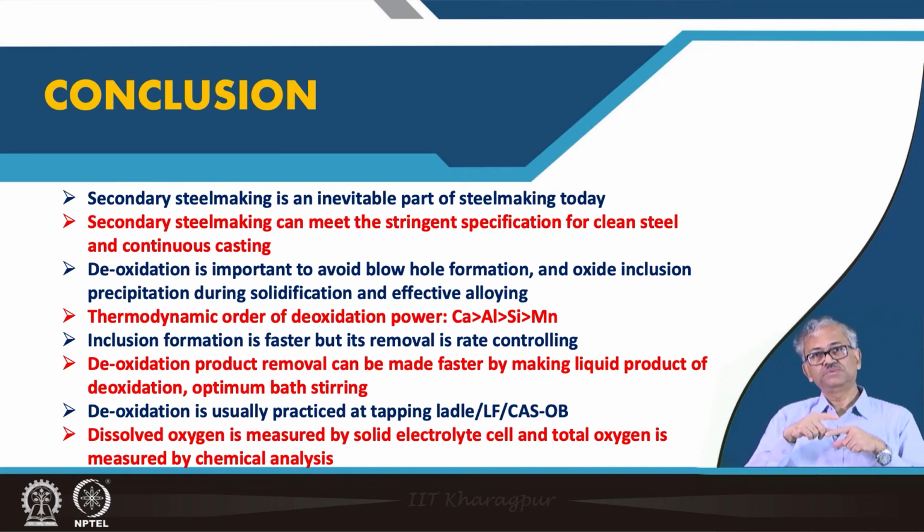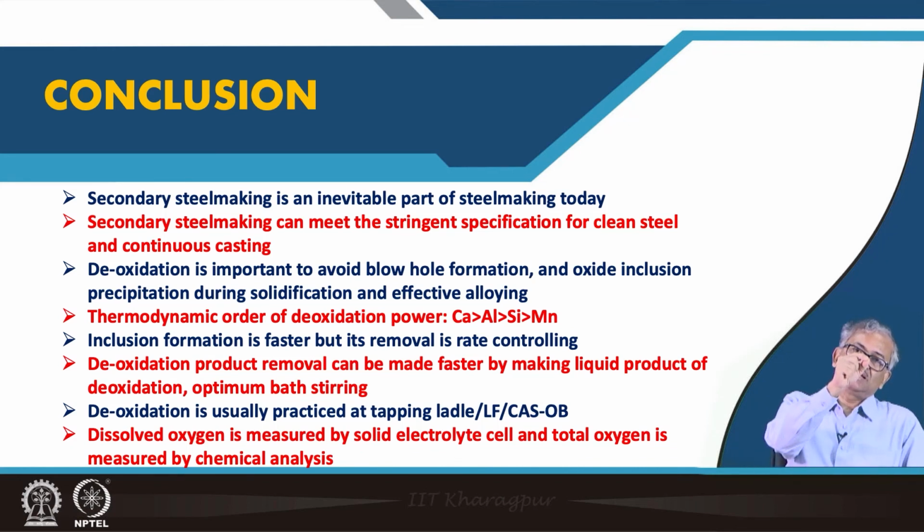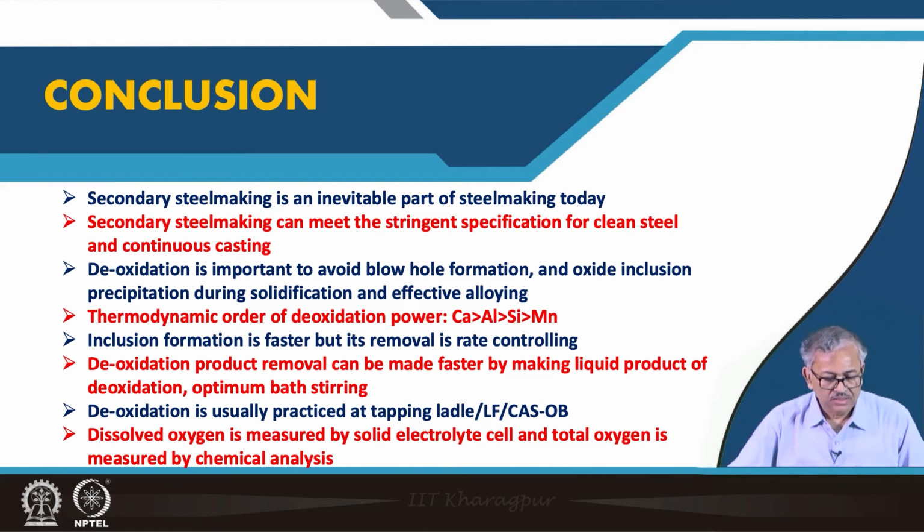If the circulation speed is very high, they may be re-entrained into the liquid steel and remain forever in the liquid steel. If the circulation speed is optimum, then the liquid will help in carrying the inclusions to the slag metal interface, and the inclusions will be absorbed by the slag layer. So, optimum stirring is required, not a very high stirring rate. Okay.